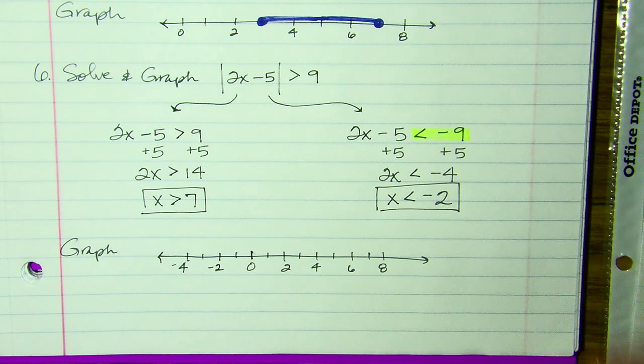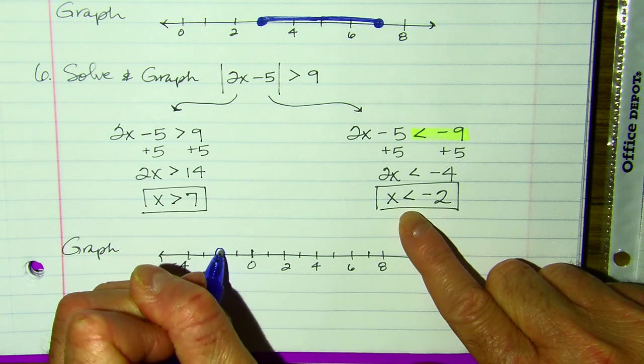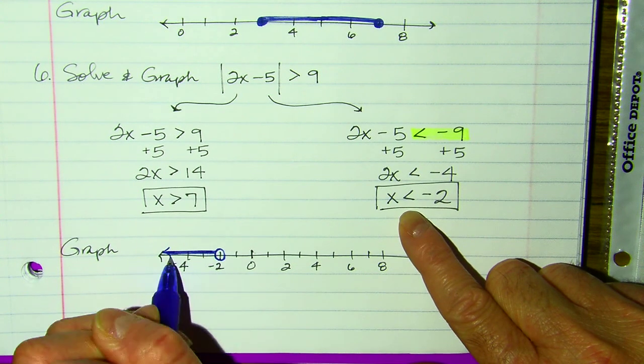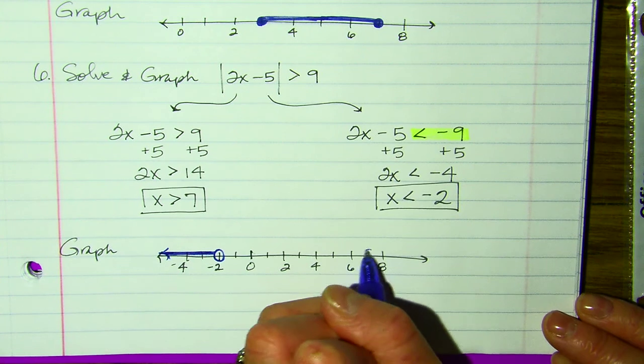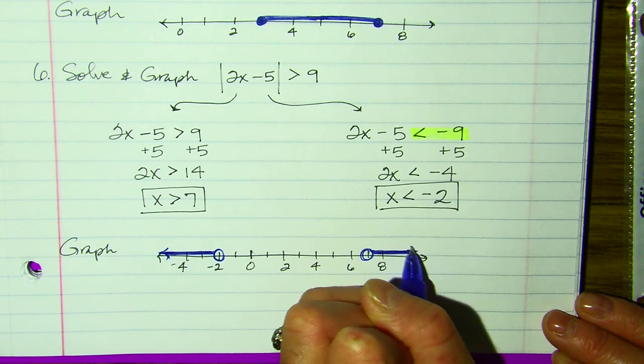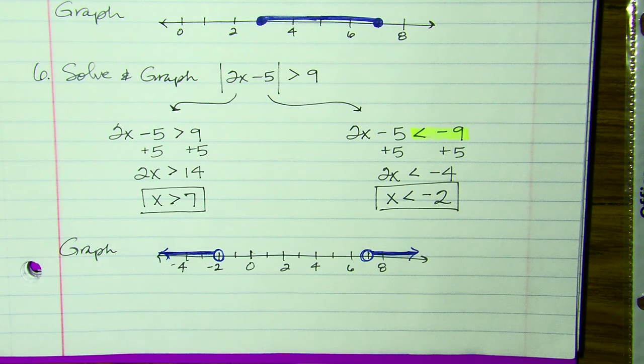Now, these should be open. x is less than negative 2, remember less than is to the left. And x is greater than 7, and both of them should be open because there's not an equal to. Okay.